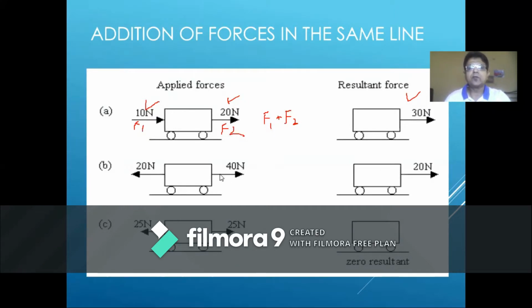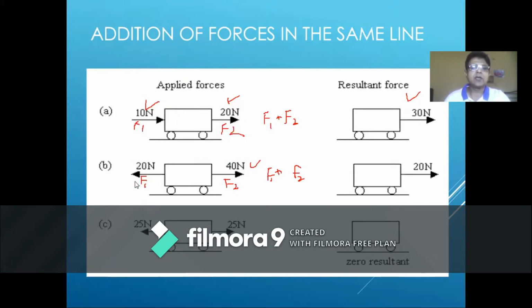Similarly, if the forces are in opposite directions, this is F1. F1 is 20 Newton, which is acting on the left side, and F2 is another force which is acting on the right side. When we find the sum, F1 plus F2, one of them will be negative because it is in the opposite direction.